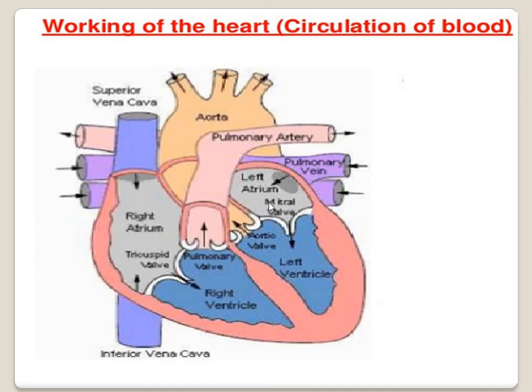in the heart, and in this way the blood is pumped to different parts of the body through the heart, and that way it reaches the remotest corner through the arteries and the veins, and ultimately the capillaries are the ones which are connected to the cells and the tissues, and there the exchange of materials, that is the gases or the excretory materials or whatever is the necessity, is done.